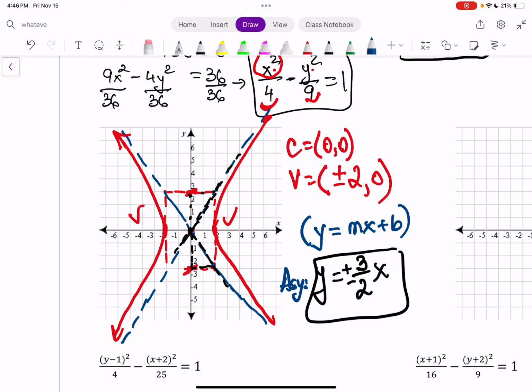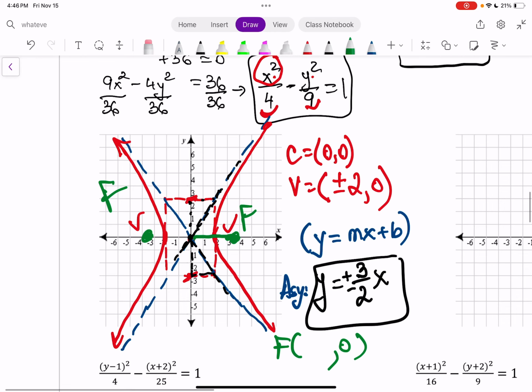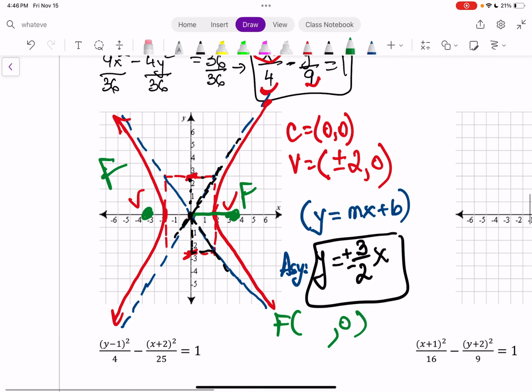And then one more thing was the focus. So where's the focus? The focus is somewhere inside the shape, okay? So if anything, the foci will have a y-coordinate of 0. Now, what I need to do is find that c distance from the center to the focus. So here it is, and I have some room right here.